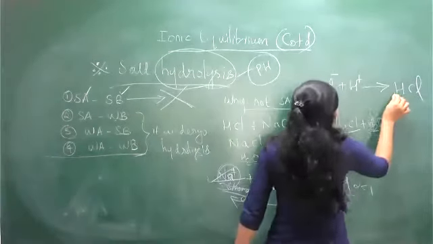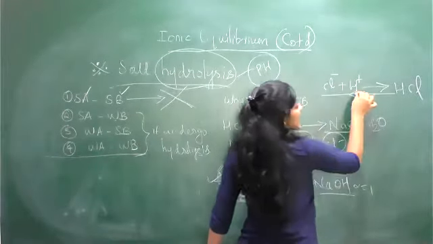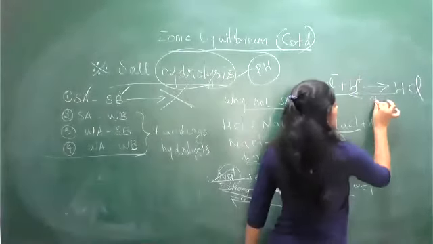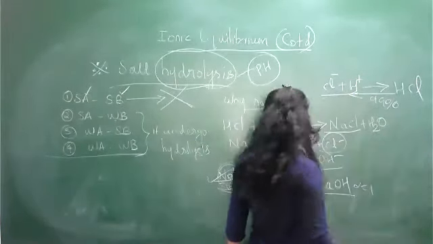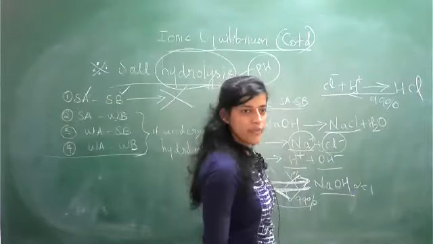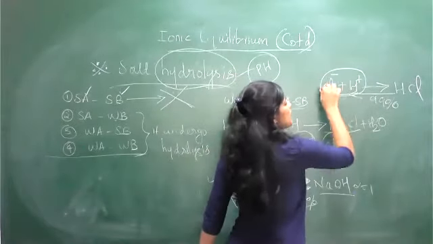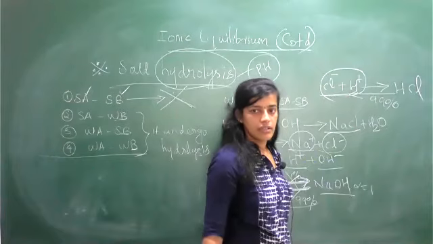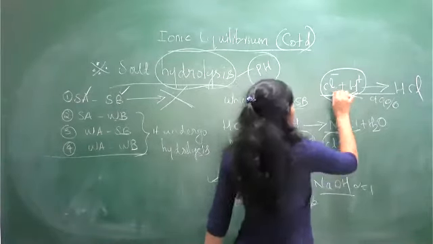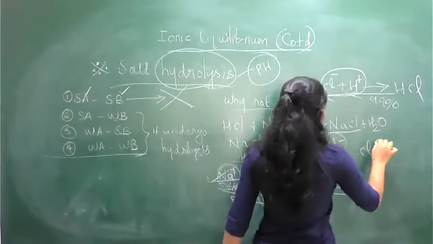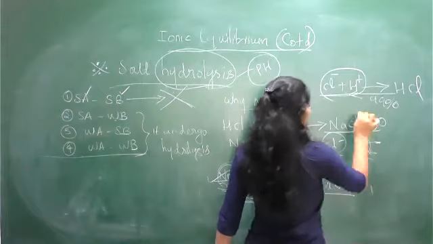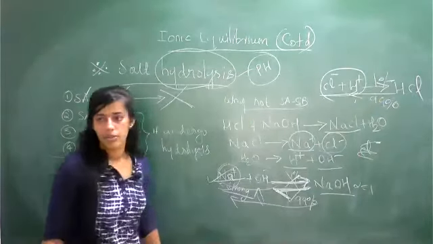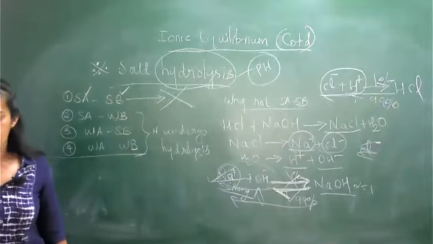HCl has a tendency to dissociate into Cl- and H+ at 99%. But the reconversion of H+ and Cl- is a very risky task, only 1%, similar to NaOH. HCl and NaOH are both strong. That's why.